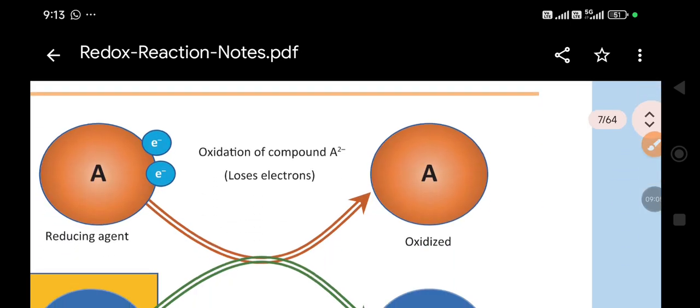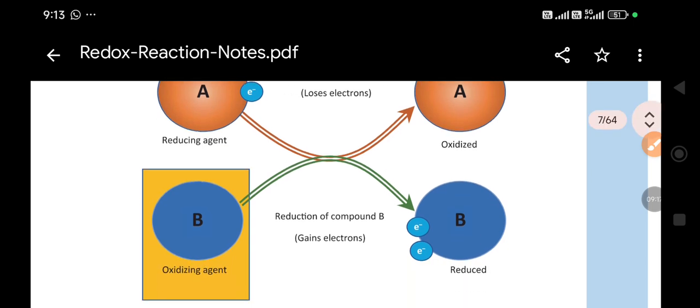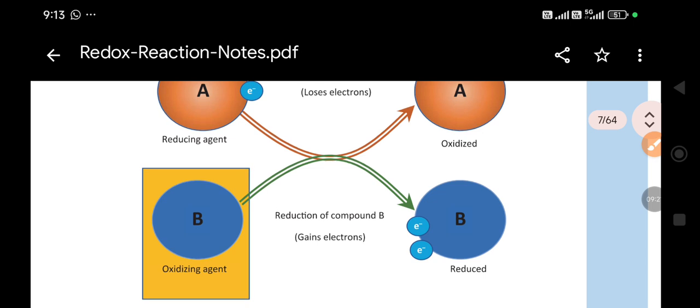Let us take an example. What are oxidizing agent and reducing agent? This we need to understand.